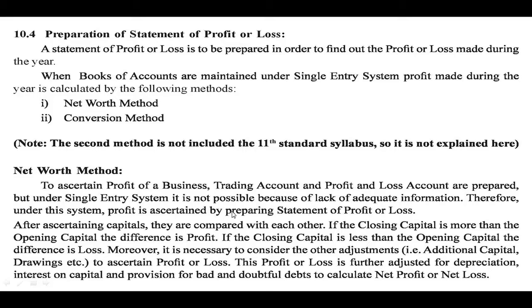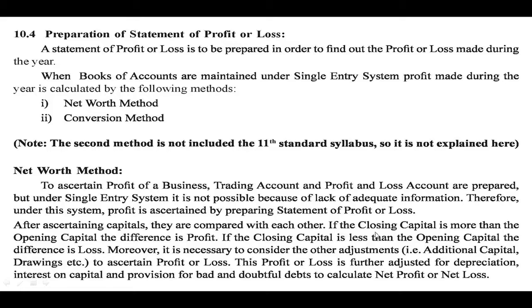Now in order to prepare the statement of profit or loss, first we have to ascertain the closing capital and the opening capital. The formula to calculate the capital is equal to assets minus liabilities, and the closing capital is the capital which is calculated on the last day of the accounting year.